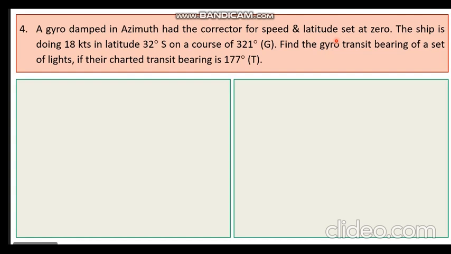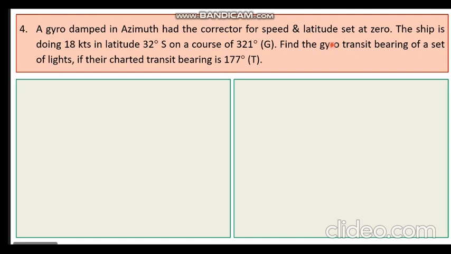So that time we used to have these old generation gyros which had a corrector for speed and latitude. Basically there were two big knobs somewhere in the chart room, one of them for feeding in the speed and the other one for feeding in the latitude.